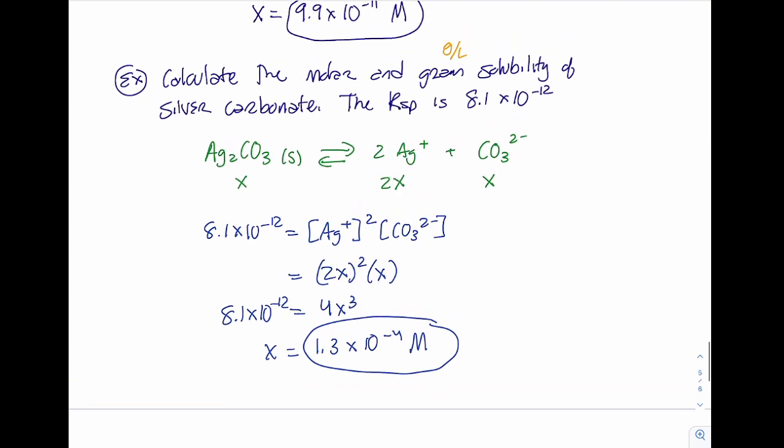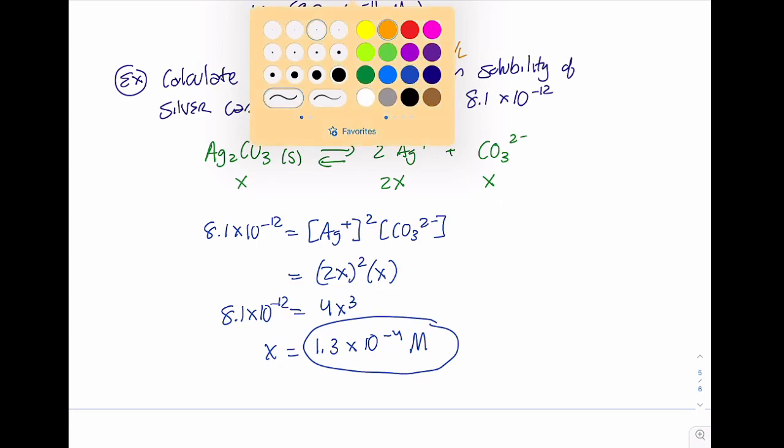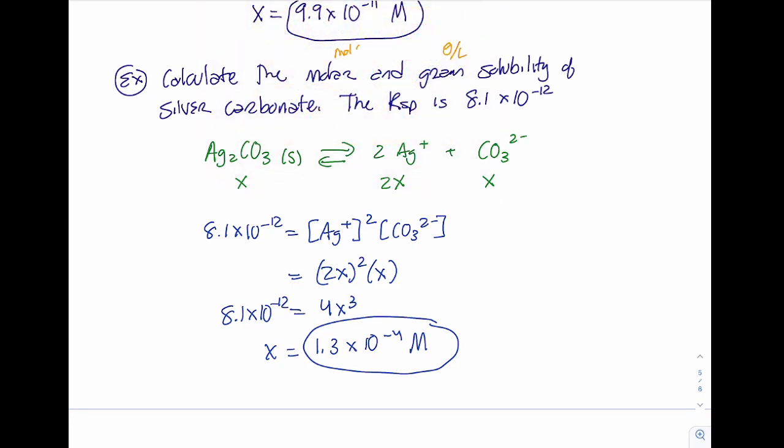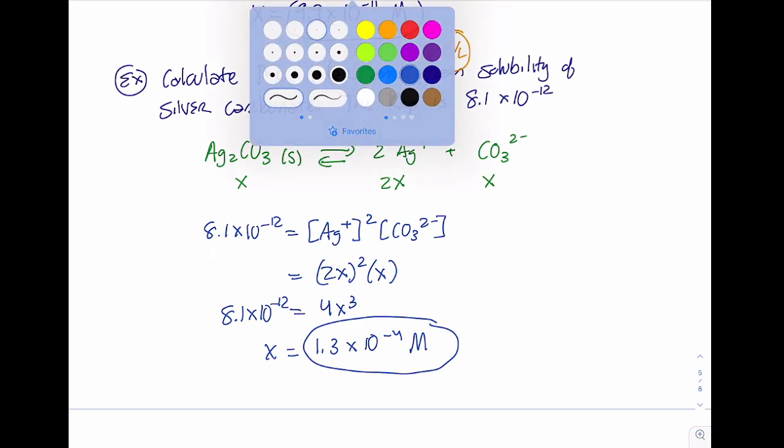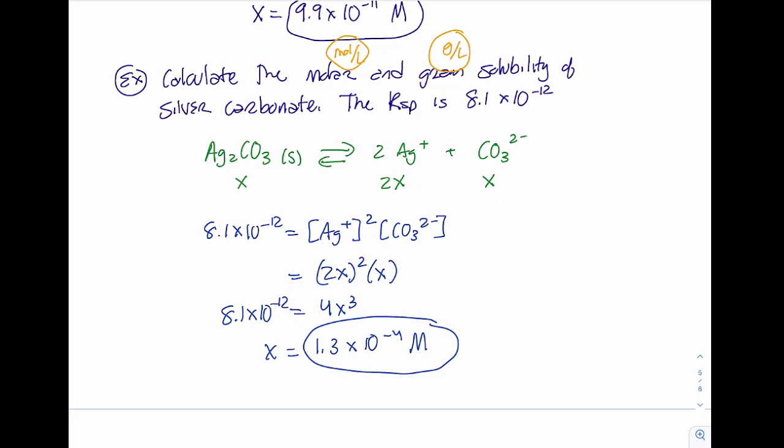And then we know to convert between molarity, right? Molar solubility is moles per liter. And grams per liter, I need the molar mass. So let's calculate that real quick. And I'm grabbing my periodic table.